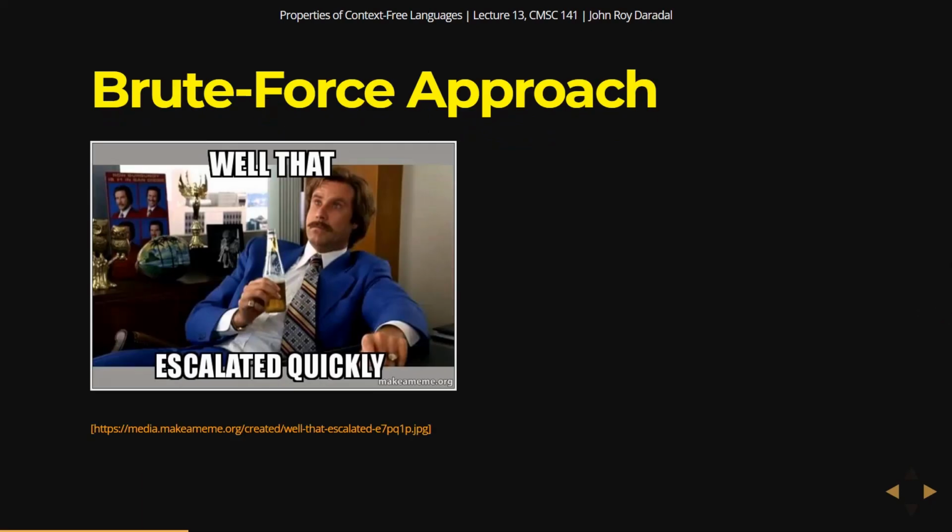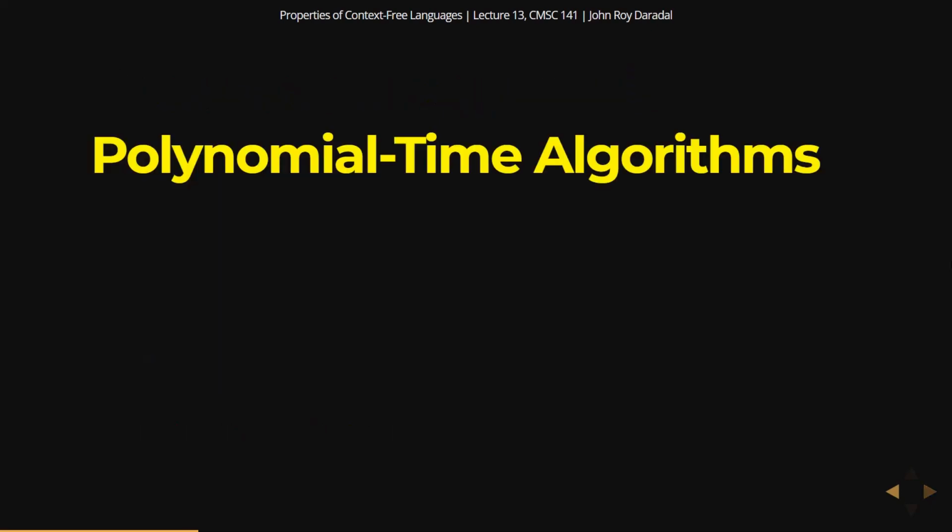And well, that escalated quickly, right? So you don't want to use the brute force approach. Okay? Well, fortunately, there are polynomial time algorithms that exist to test for the membership. So we have, for example, the CYK algorithm, which takes O of n cube. So at least this is in polynomial time.